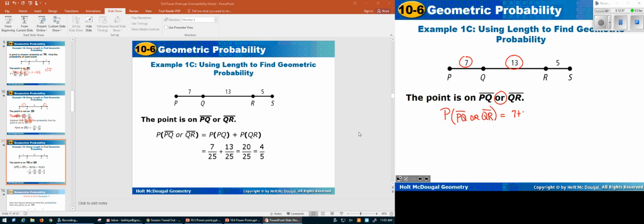So 7 plus 13 over 25. Or if you wanted to, you could think about them as separate probabilities. 7 25ths plus 13 25ths. But when you see that word or, think add. So that's going to give us 20 25ths, which reduces to 4/5. So make sure you do simplify. Is this making sense so far?